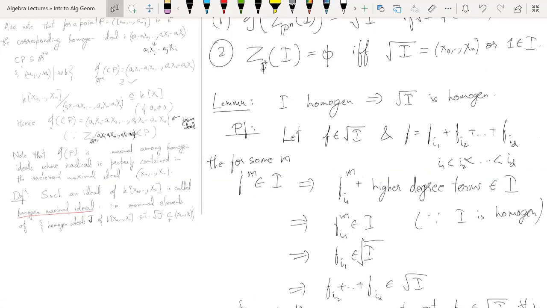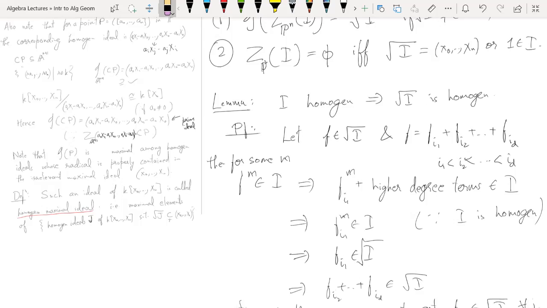So for some m, f^m belongs to I. If you raise the right-hand side of this expression for f to the mth power, you get f_{i1}^m plus some higher degree terms, because i2 and i3 have higher degree, and the mixed terms will also have degree higher than i1 times m.